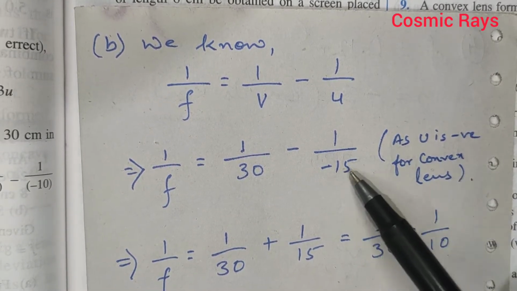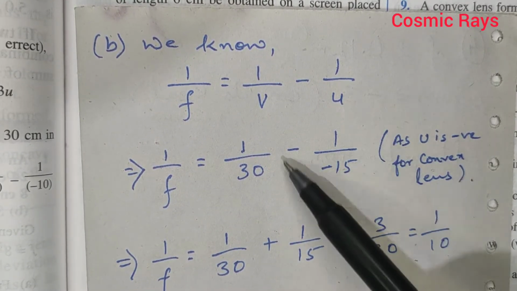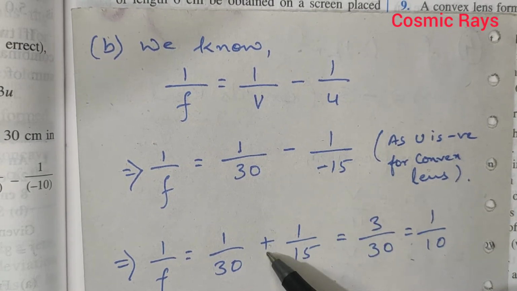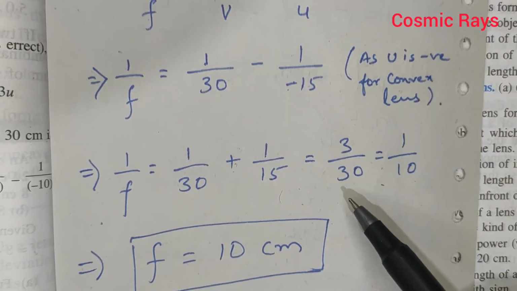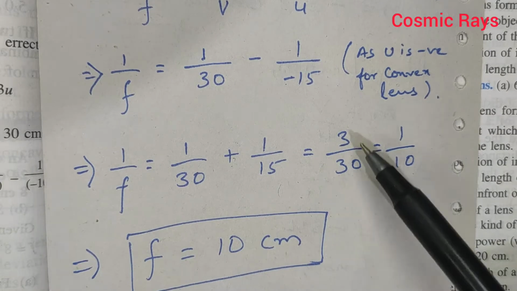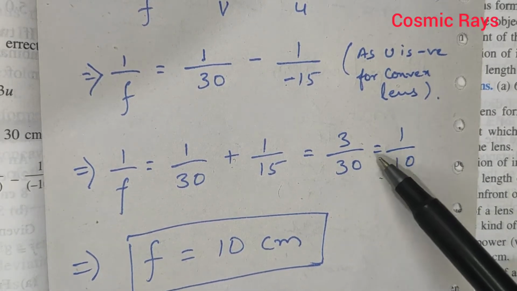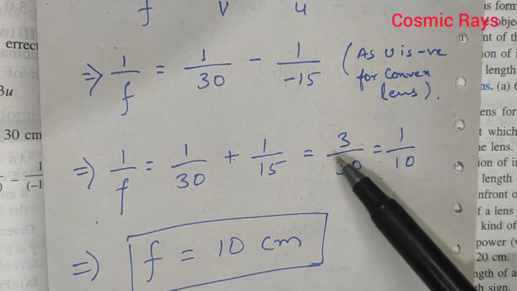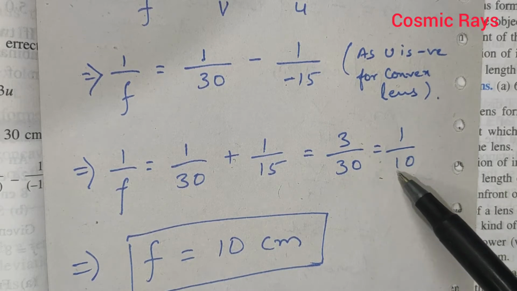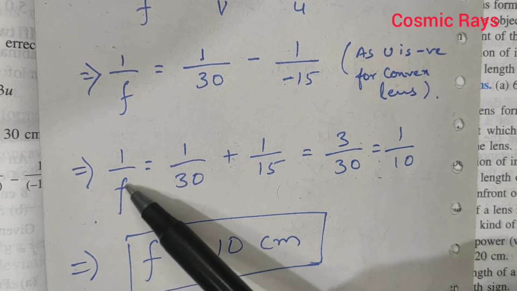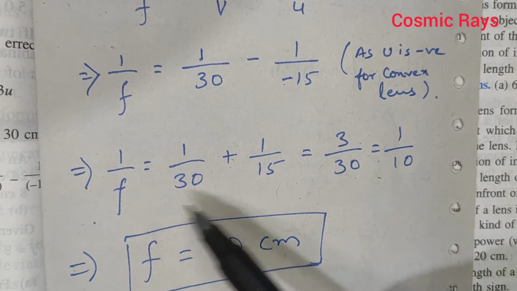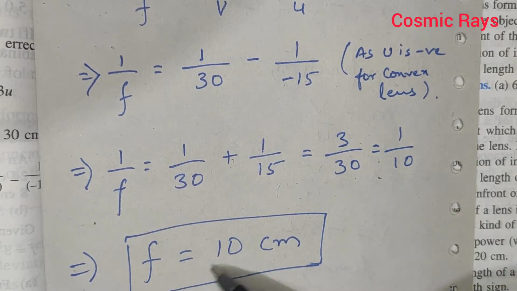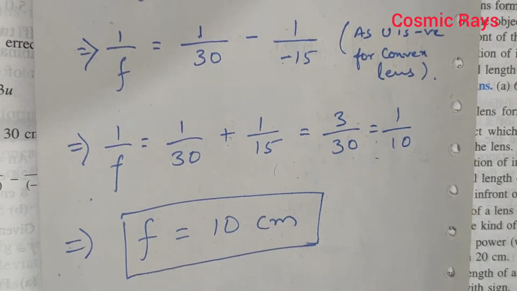So u is taken as negative. So when you calculate it, minus and minus becomes plus, you take LCM and solve it, so you get 3 upon 30. So when you simplify, 3 ones are 3, 3 tens are 30. So this is 1 by f is equal to 1 by 10. So therefore f is equal to 10 centimeter.